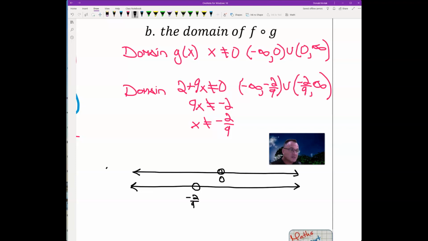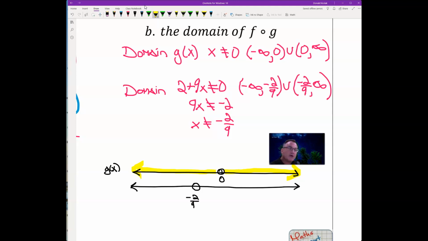So this is g of x. So its domain was everything except 0. So here's 0. So any numbers to the right of 0 would work. That's from 0 to infinity. Color that in yellow, and then from negative infinity up to but not including 0.